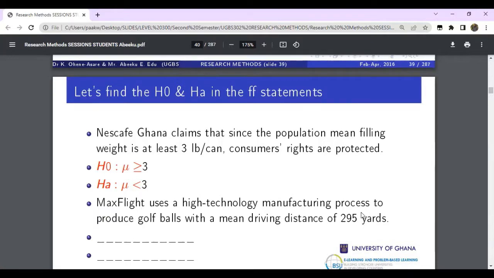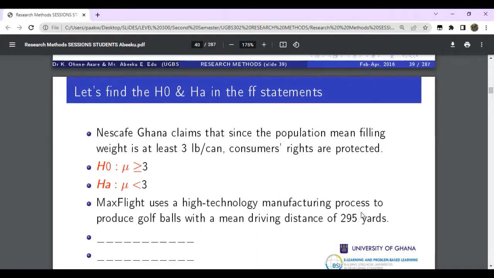This one, they are not making any claim, or they are claiming something: that Max Flight uses a high technology manufacturing process to produce golf balls with a mean driving distance of 295. So the population mean is 295. So it means it is equal to. If it is equal to 295, it relates to H0, the null hypothesis. That is where we find our equality signs.